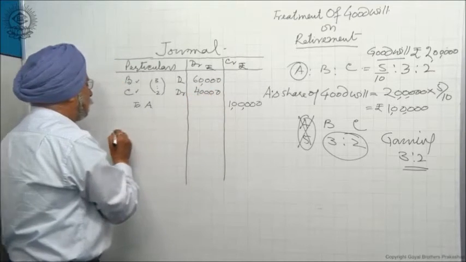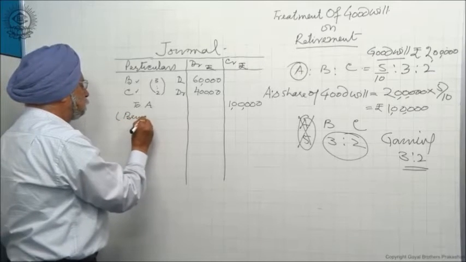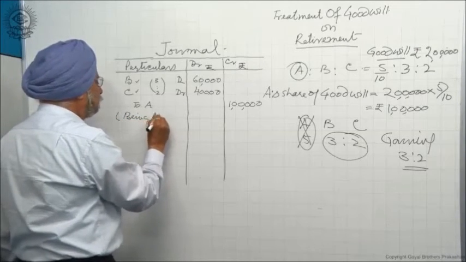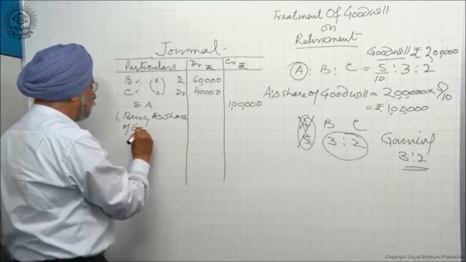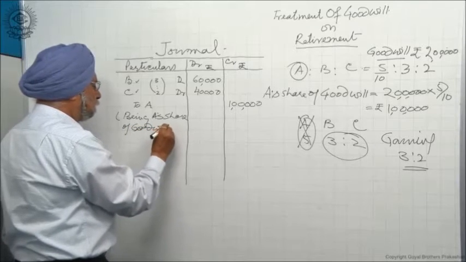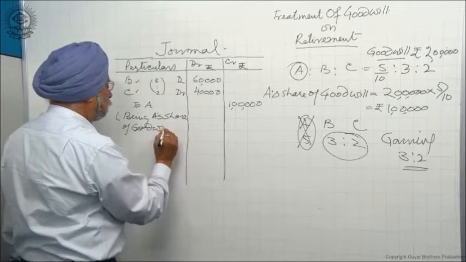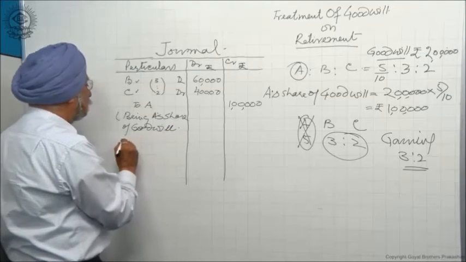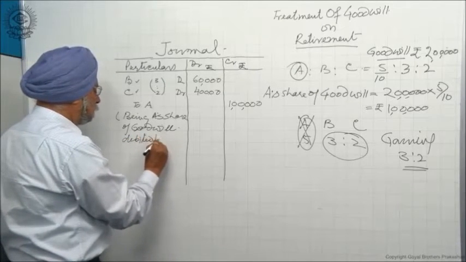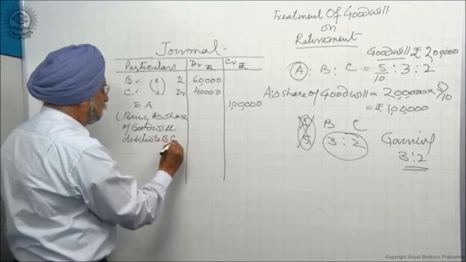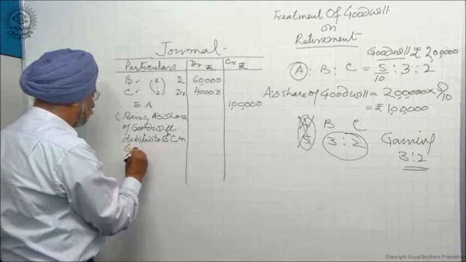This entry will be passed and the narration will be written here: being A's share of goodwill debited to B and C in gaining ratio.